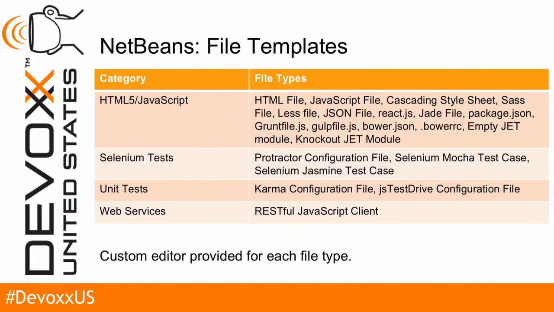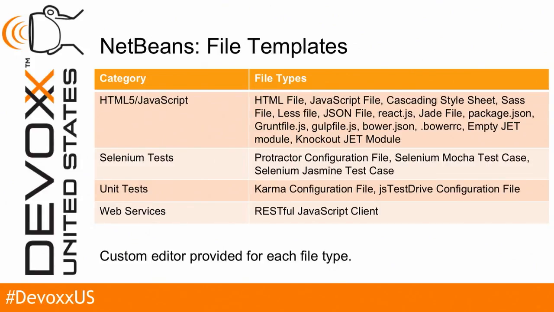You're not creating a new file that's empty and then trying to figure out what to put in it. It also has the capability of generating, given an endpoint, JavaScript code for calling a specific web service. So you can say, okay, I want to generate something that calls this web service, and it will generate the code for you. So it's got very extensive and easy to use support.